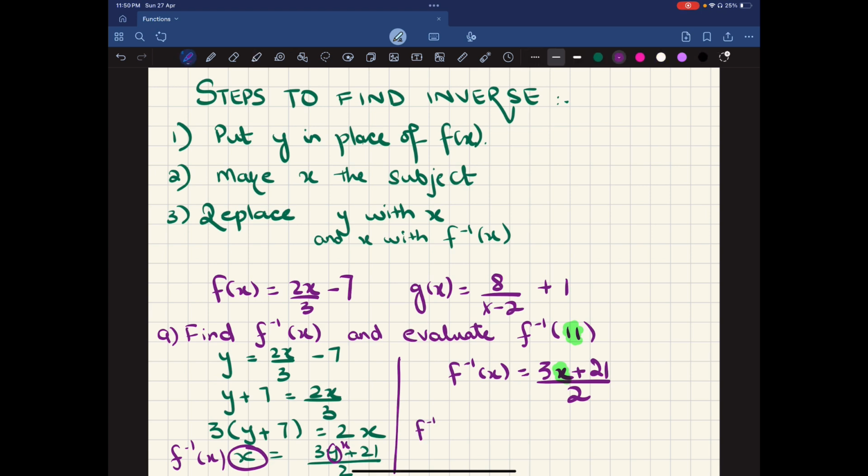So f inverse of 11 is 3 into 11 plus 21 over 2. What is it? 33 plus 21 is going to be 54, divided by 2.